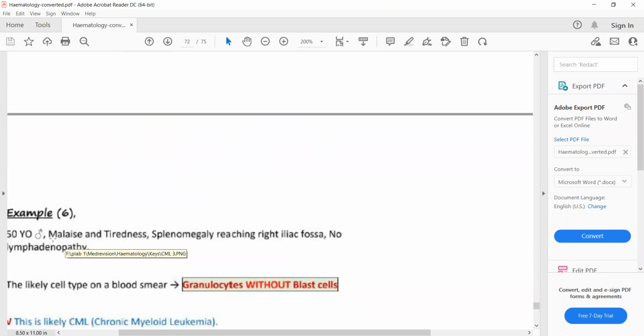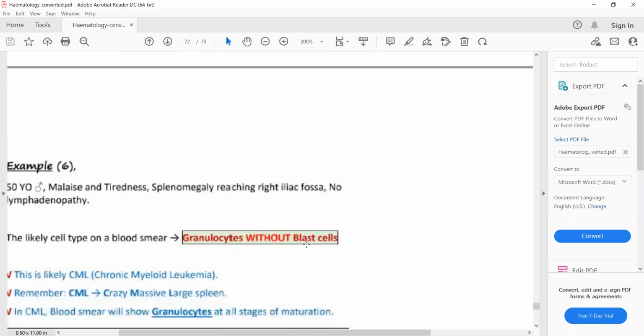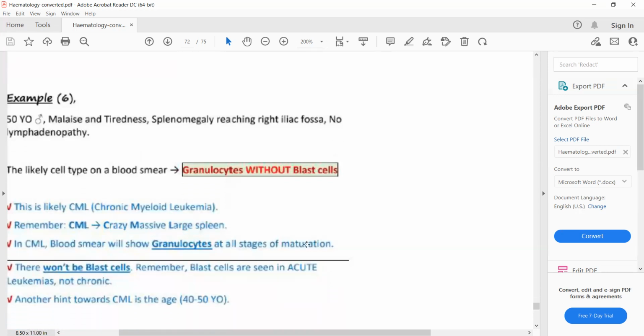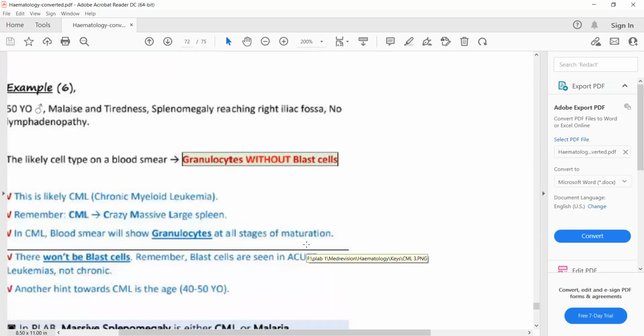Again, another example, a 50-year-old with malaise and tiredness, features of mild anemia, and splenomegaly reaching the right iliac fossa. So a spleen that is reaching the right iliac fossa is a massively enlarged spleen. The other hint is also given, that is blood smear shows granulocytes without blast cells. So the diagnosis is CML.